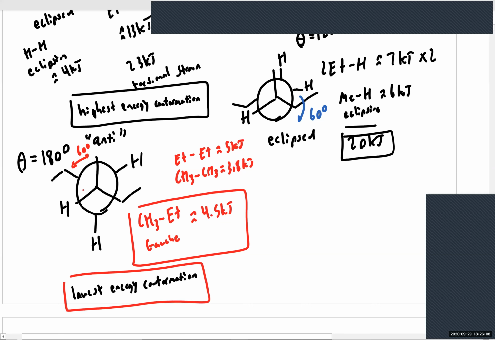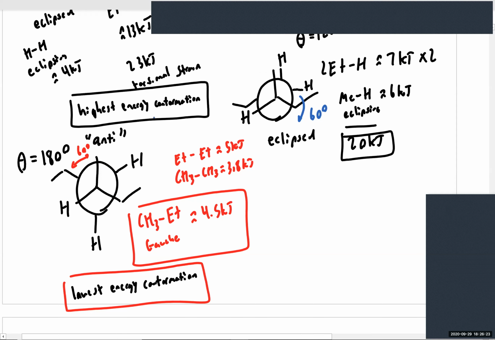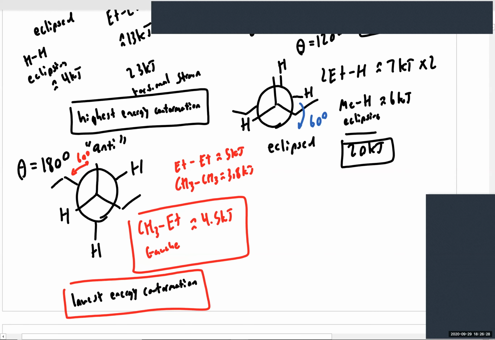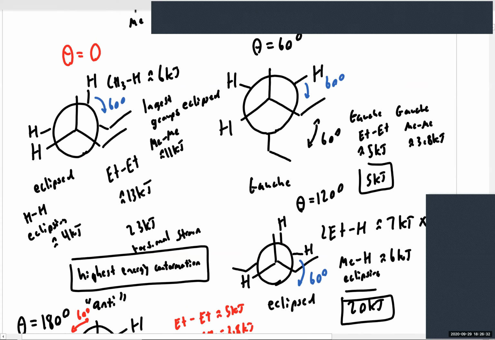That is why this anti-conformation is the lowest energy conformation, because it has minimized as much as possible our torsional and steric interactions. Does this make sense to everyone? So if you want to draw the highest and lowest energy conformation, your highest energy conformation is your eclipsed conformation, where you have your bulkiest substituents with 0-degree dihedral angle separating them.